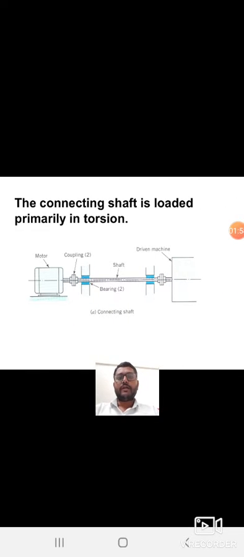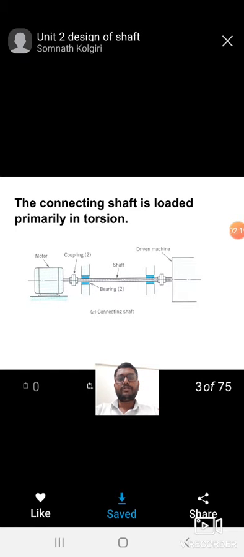Then next, the connecting shaft is loaded primarily in torsion. Here in this diagram, the prime mover is the motor, then the coupling. Here the coupling is attached in between the motor and bearings, and bearings are mounted on the shafts.